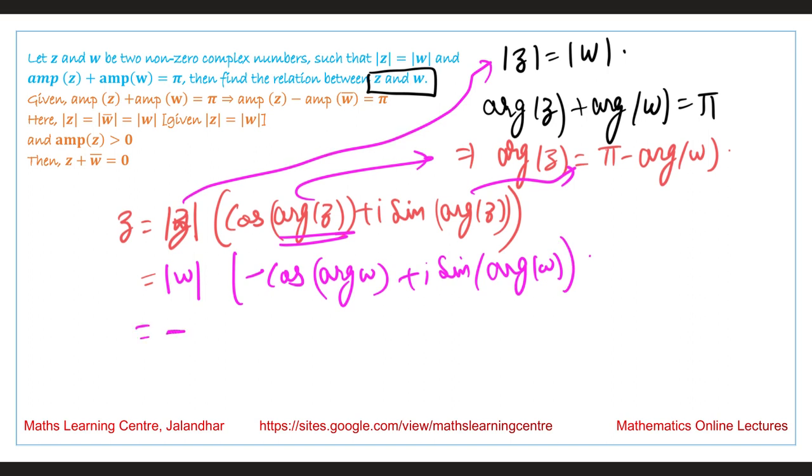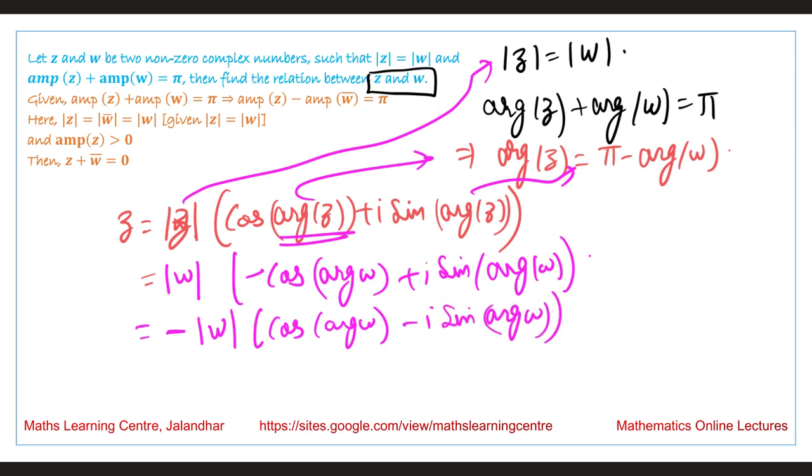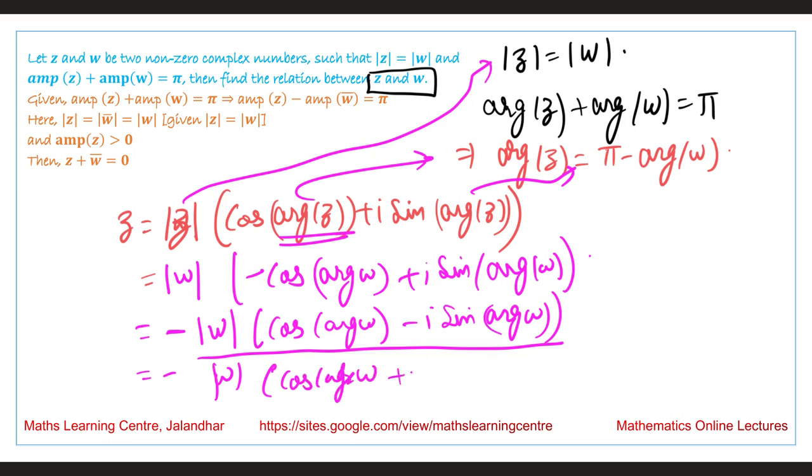This is equal to, taking the minus sign common, modulus of w into cos of argument of w minus iota sine argument of w. This is equal to minus modulus of w, then cos of argument of w plus iota sine argument of w, and whole conjugate.